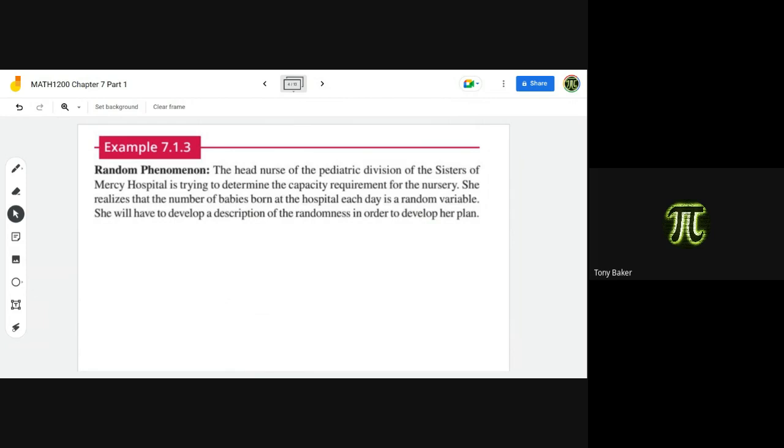How many babies are born. So the variable I'm looking at is how many babies are born, right? Okay, so X is the number of babies. Okay, that's my variable.